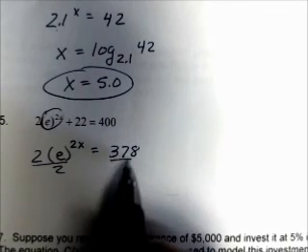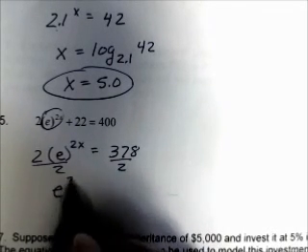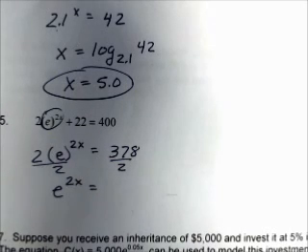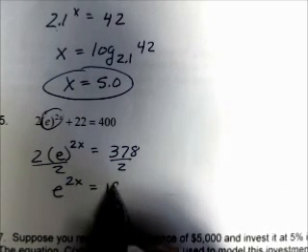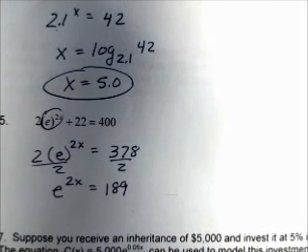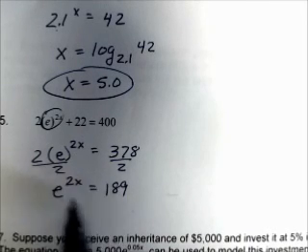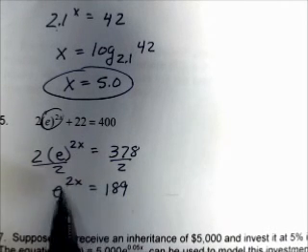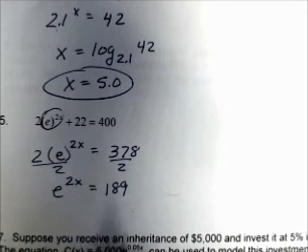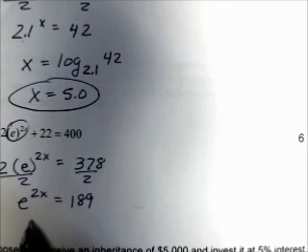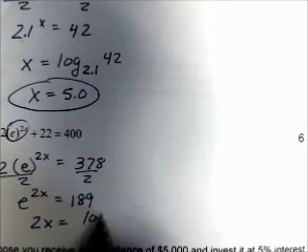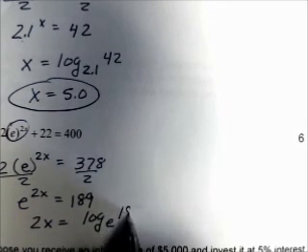Divide by 2. e to the 2x equals 378 divided by 2 is 189. Okay, here we are in exponential form. Switch to log form. So we'll have our exponent 2x is equal to log base e of 189.